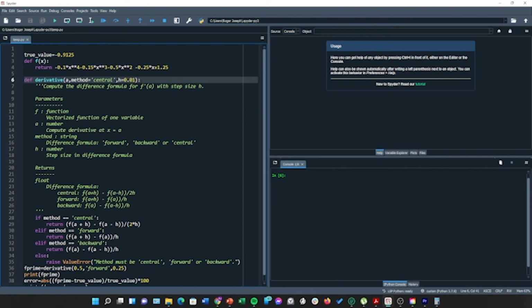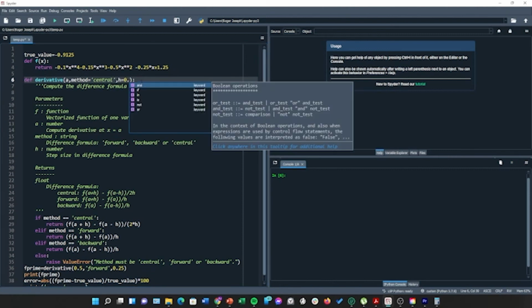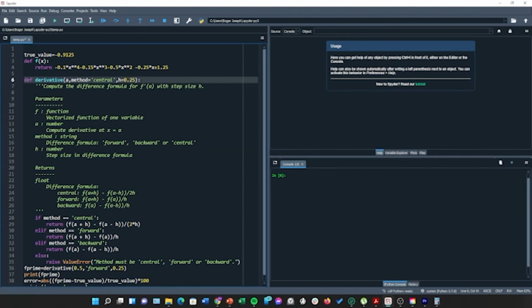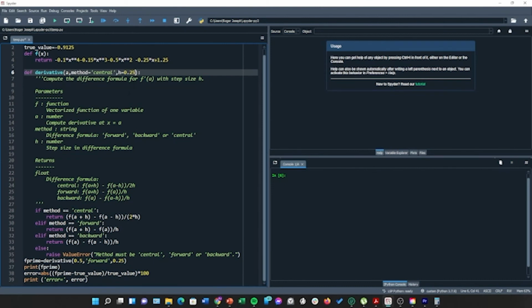Our h is equal to 0.25, which is our default value. If the method is central, then we have f of a plus h, which is the next value, minus f of a minus h, which is our previous value, divided by 2 times h. This is our formula.